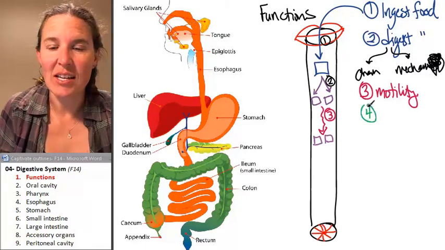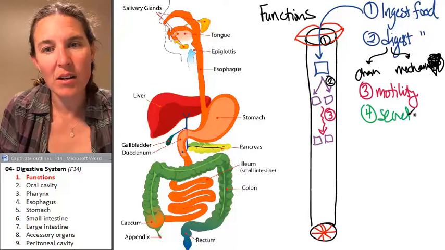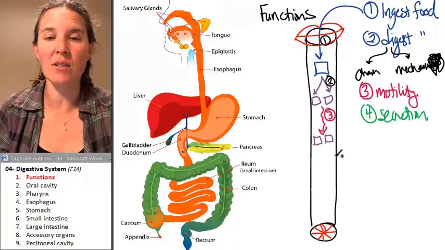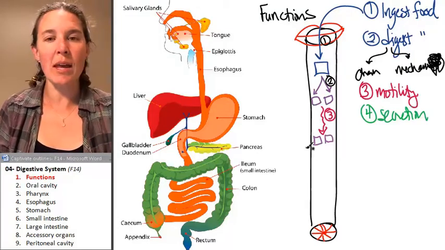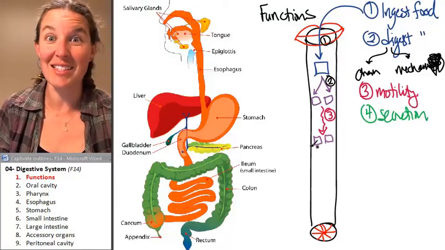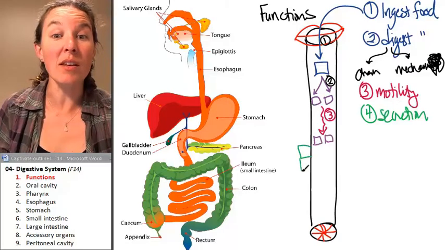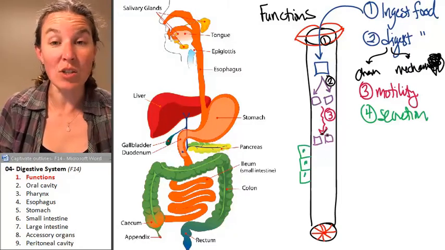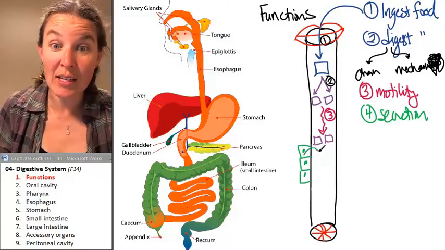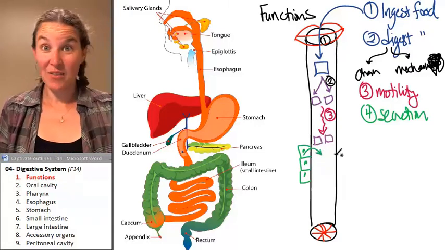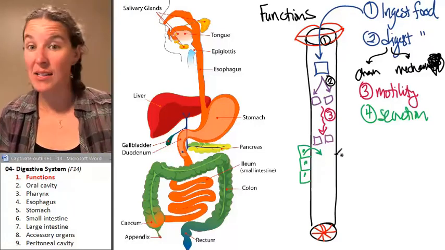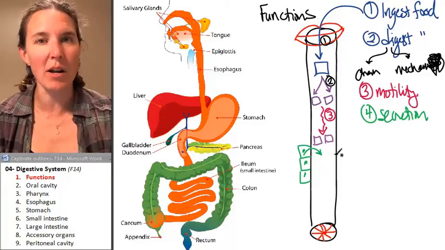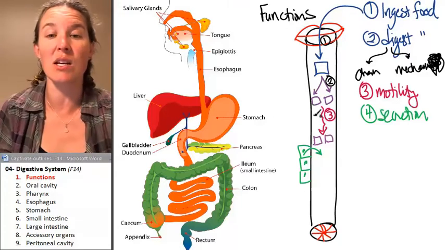We also have, I love this one, another function: secretion. We're going to see secretion in lots of different scenarios. Secretion is when body cells, like the epithelial cells lining the lumen of my digestive tube, actually produce substances: digestive chemicals, mucus, other enzymes, even sometimes some waste products, which are secreted into the digestive tube.